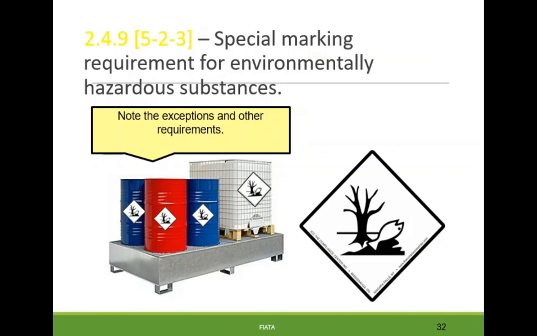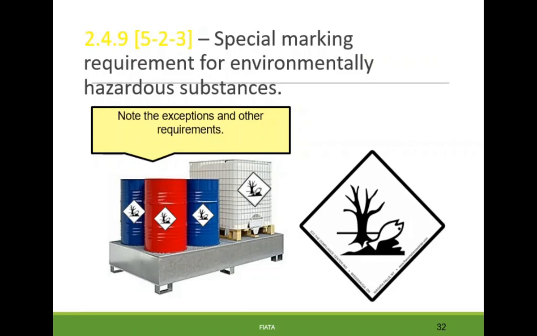This slide shows special marking requirements for environmentally hazardous substances. I believe you have seen many of these, either at the ports or in town. These are still steel drums, but they have labels that make you identify that they carry dangerous goods.